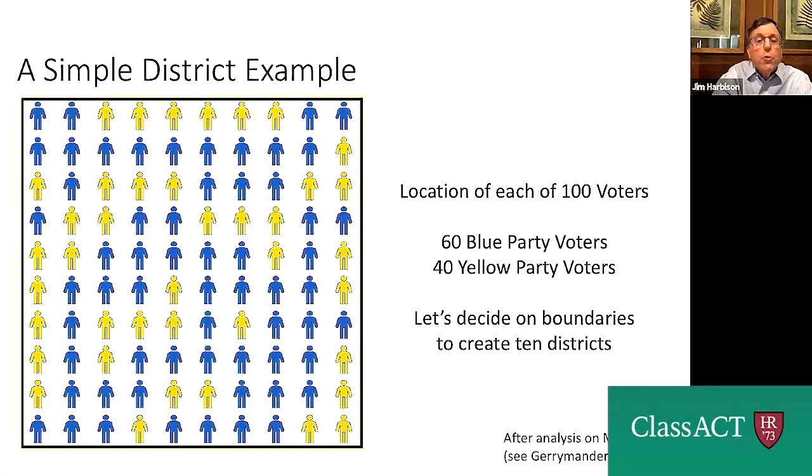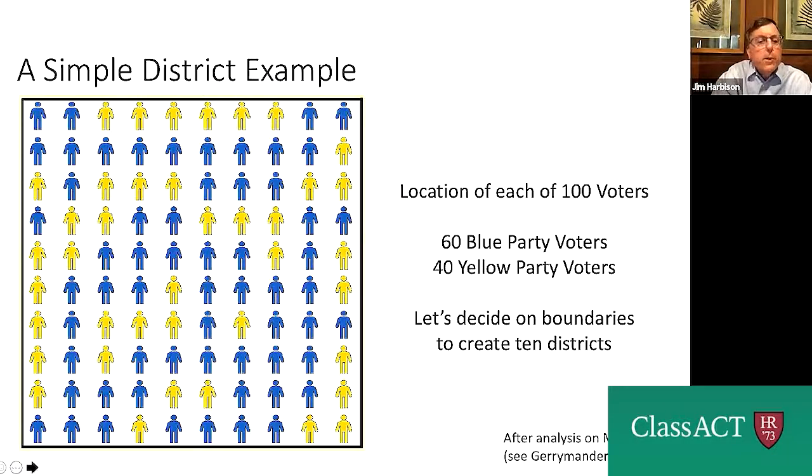Cracking is when you spread your opponent's votes across a whole bunch of different districts so that they don't get to 50% in any of those. And by spreading them out, or cracking them, you're also disenfranchising them. None of those votes essentially count. So it's a way of wasting votes by carefully choosing where you put the edges of your boundaries. So let's take a look at the next slide.